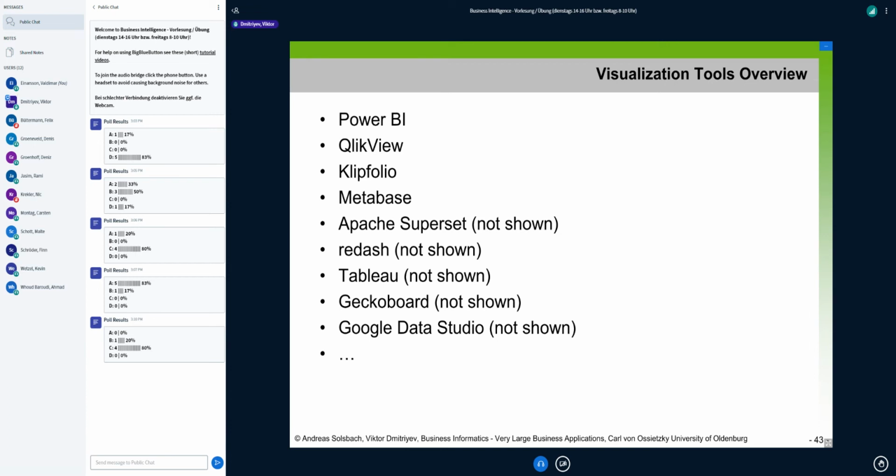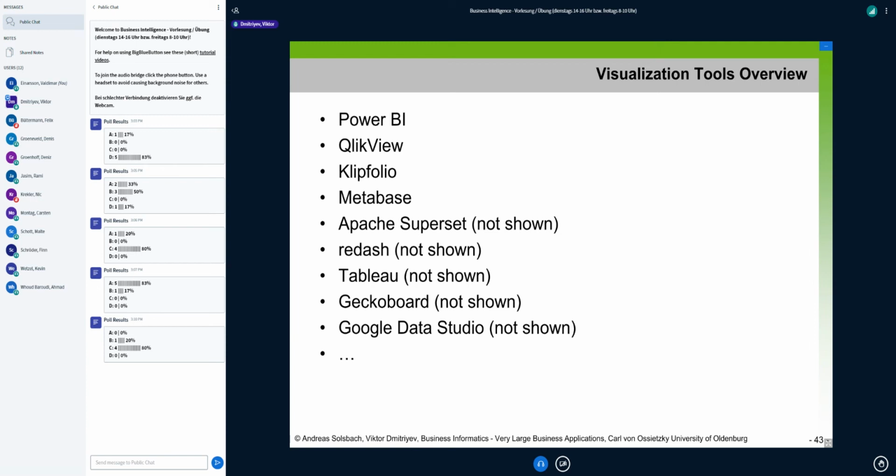I don't think that I listed some visualization tools here. I just want you to know them. There are also pros and cons for each tool, but I'm going to speak about two of them: Power BI and Metabase. I'm not going to speak about the rest, but some of them are really nice and open source.